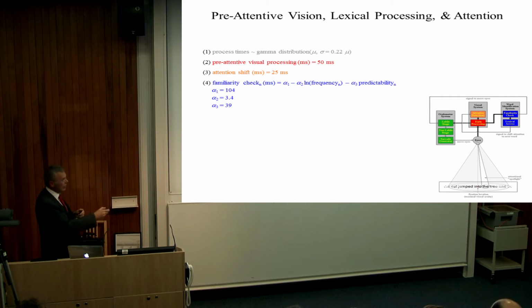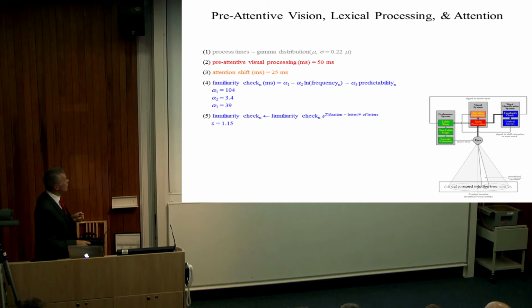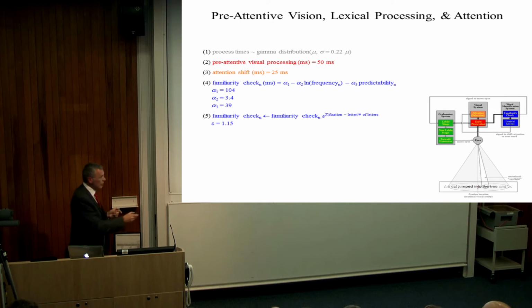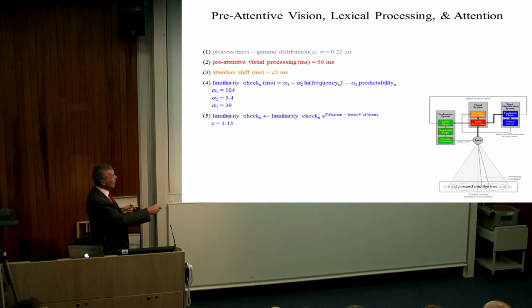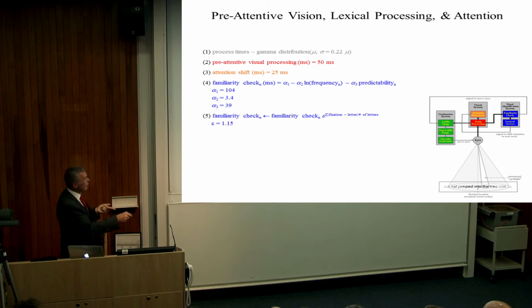Again, the effects of word frequency and predictability are modulated by these parameters, which take on certain values that allow the model to make accurate predictions. The familiarity check time is also updated by another equation, which allows the model to simulate the effect of visual acuity limitations.